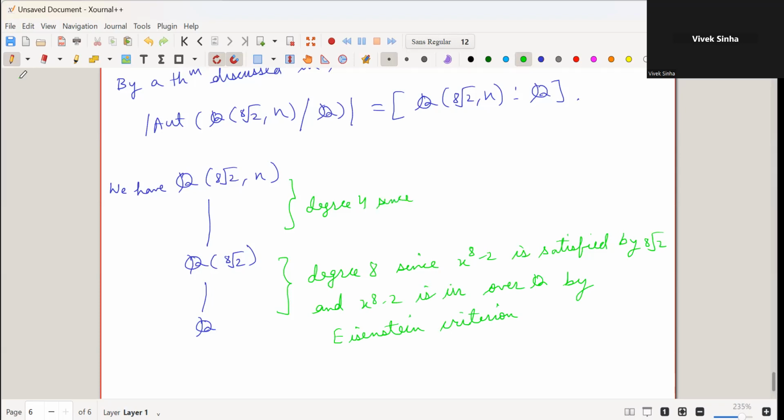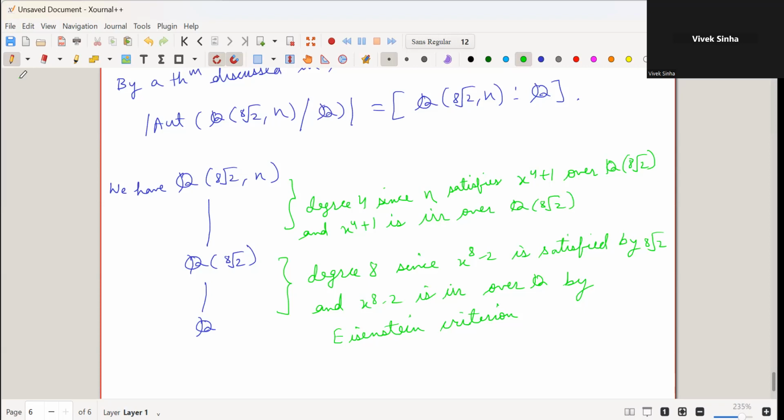Since eta satisfies x^4 plus 1 over Q adjoined eighth root of 2, and I leave it to you that x^4 plus 1 is irreducible.